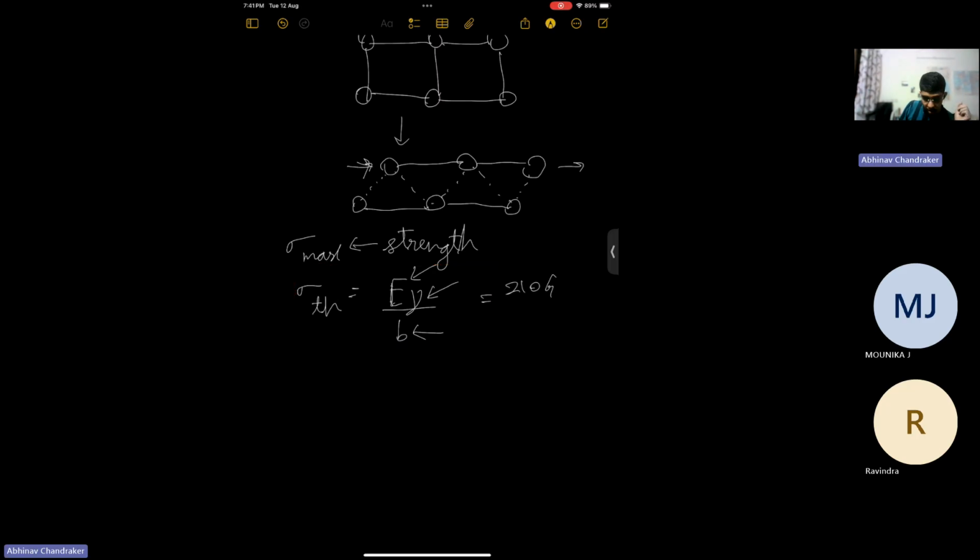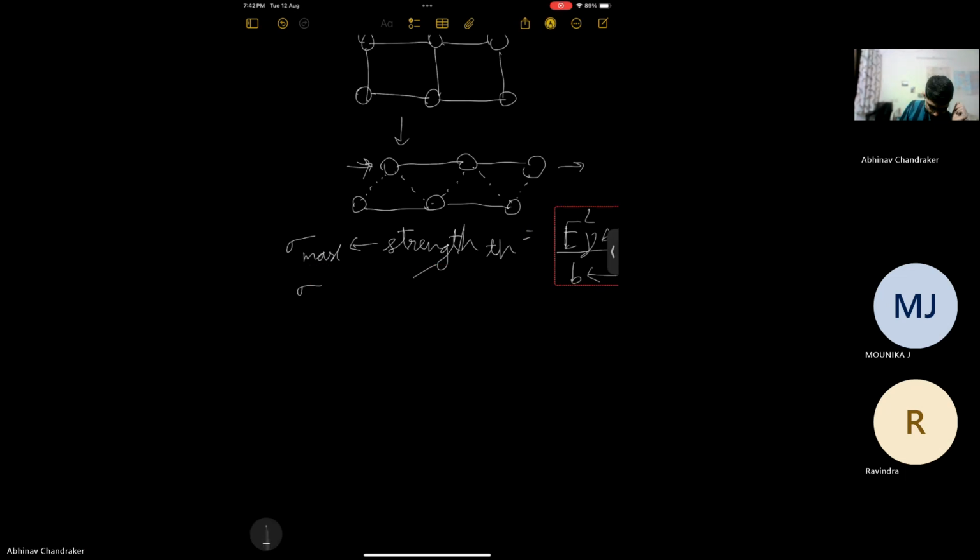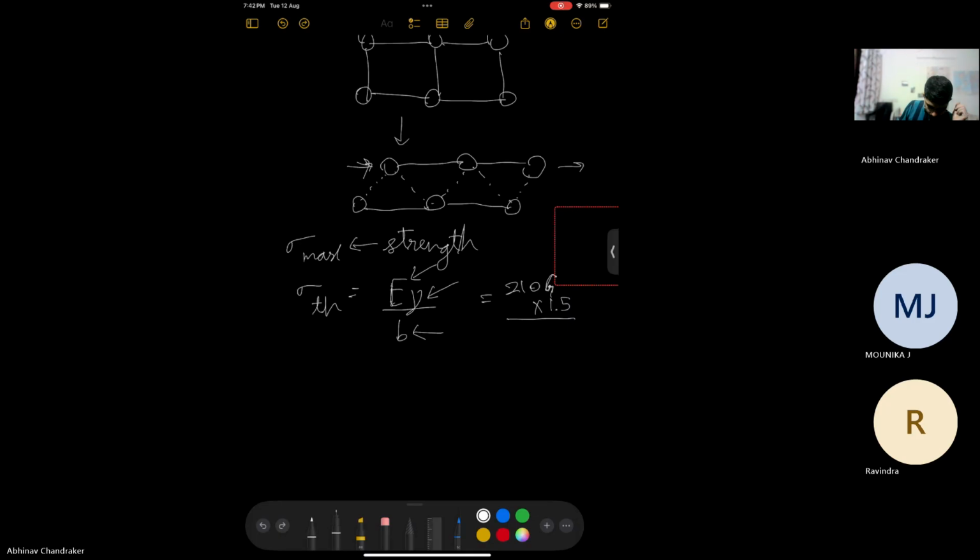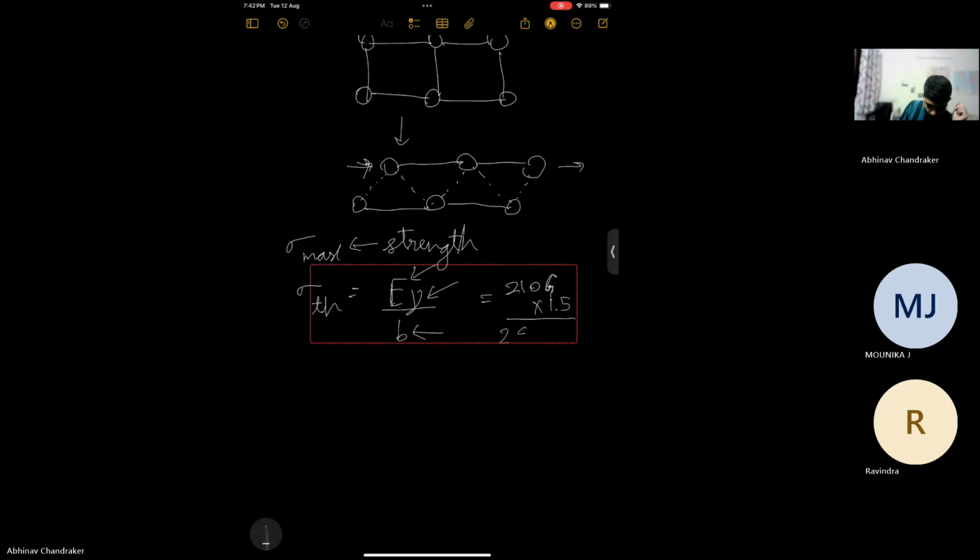210 GPa into 1.5 joules per meter square. All are SI, so I'm not mentioning units. Into 1.5 divided by B is 2.48 into 10 raised to minus 10, because it is in angstrom. So this will be very high.